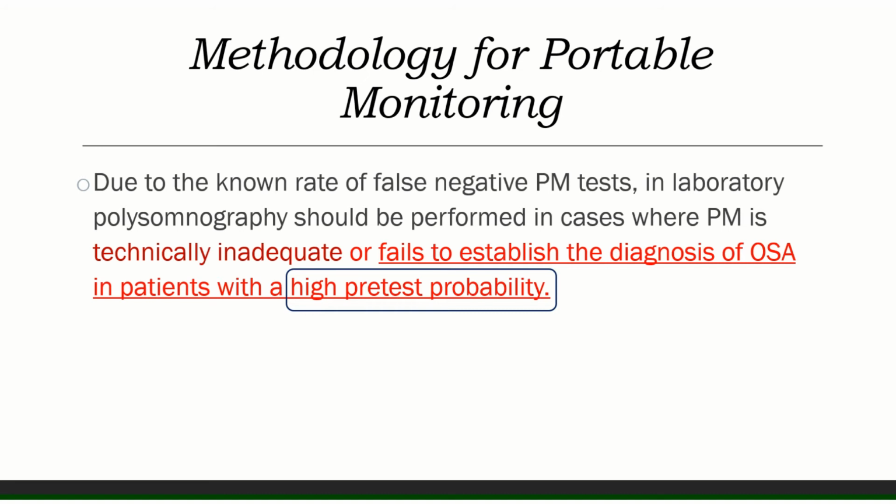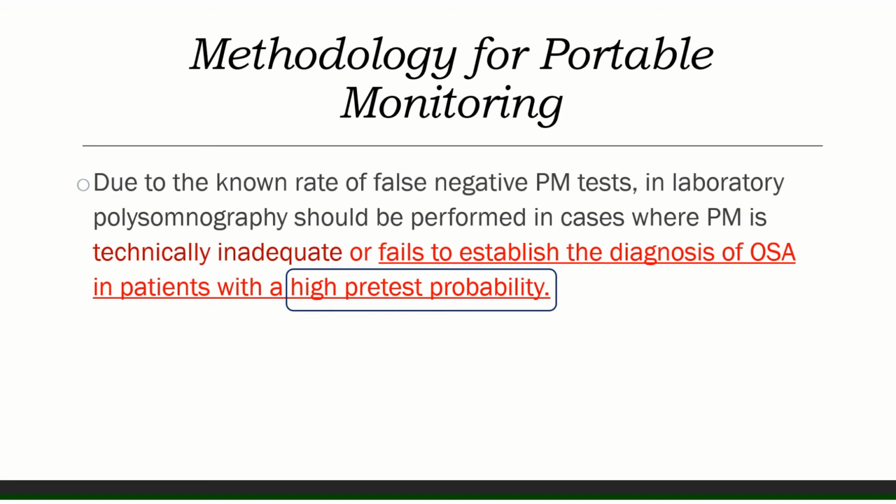Let's say the patient is a female and her neck circumference is 22 inches. We only need 16 for women. Let's say her Mallampati score is 4, she snores, and her BMI is 43. She would have a high pretest probability of having OSA.